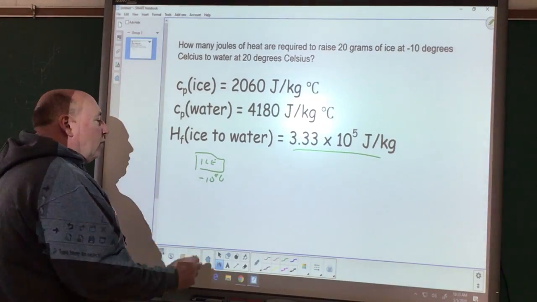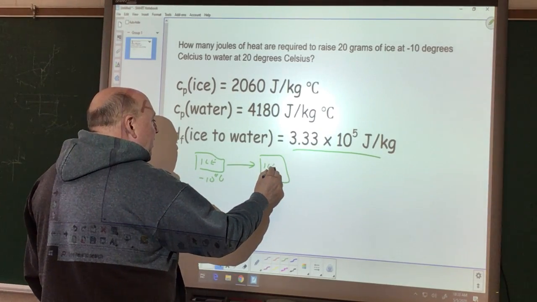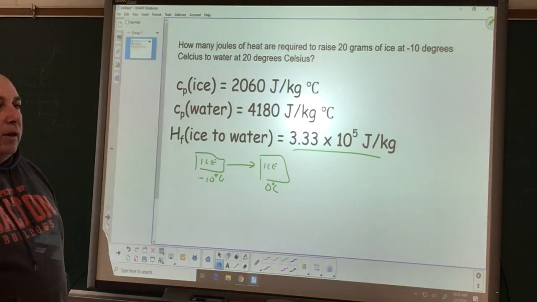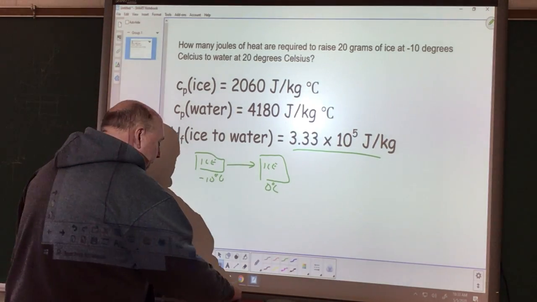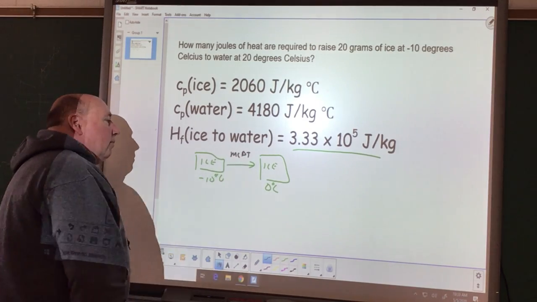We have to transfer that to ice at 0 degrees Celsius, and we do that using our mc delta T.